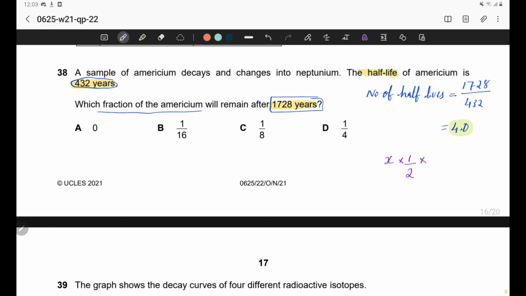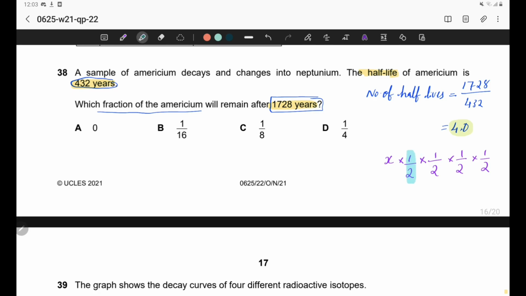After the second half-life, again it will become half, and after the third half-life, again half of the value will be reduced. Then one more half-life, again we will have to divide by 2.